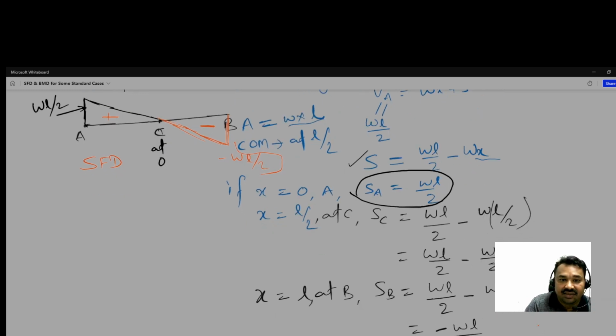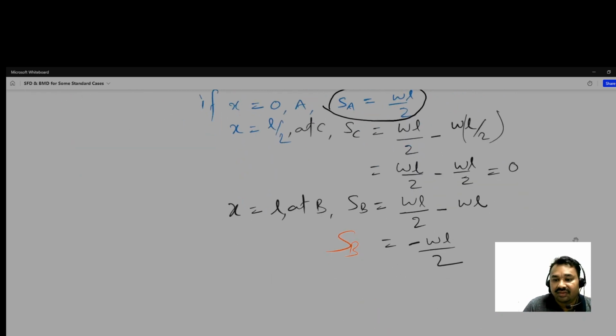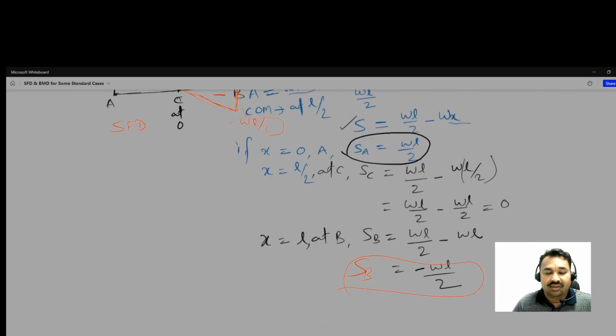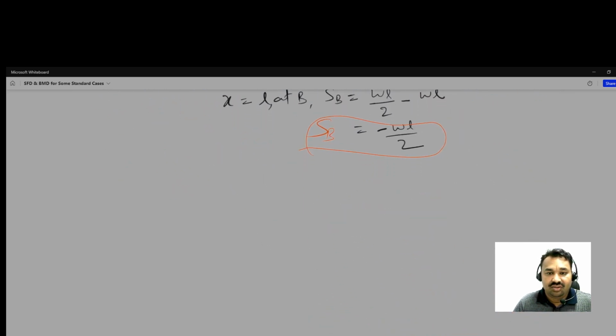This side the magnitude is SB. And now our purpose is the calculation of the bending moment diagram, the calculation of bending moment.